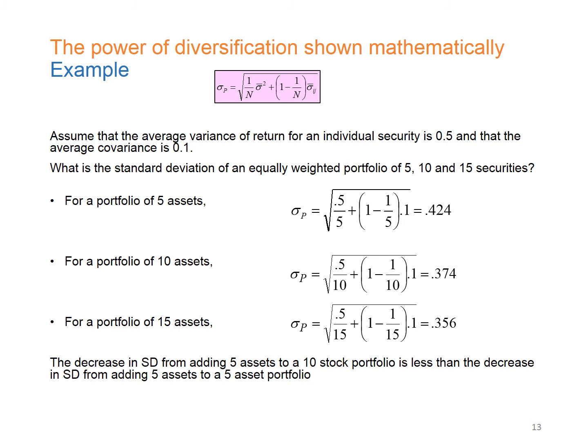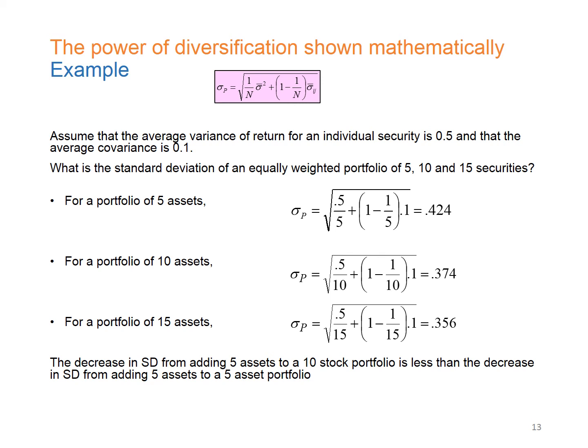Let's apply the formula of diversification. Assume that the average variance of return for an individual security is 0.5 and that the average covariance is 0.1. We are going to calculate the standard deviation of an equally weighted portfolio with 5, 10, and 15 stocks.